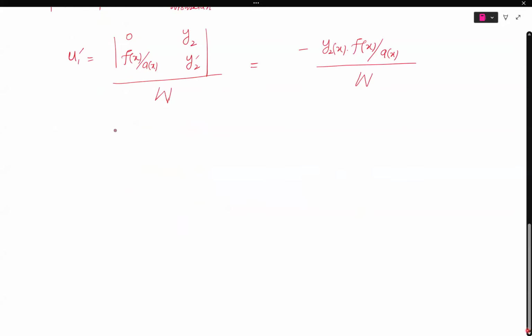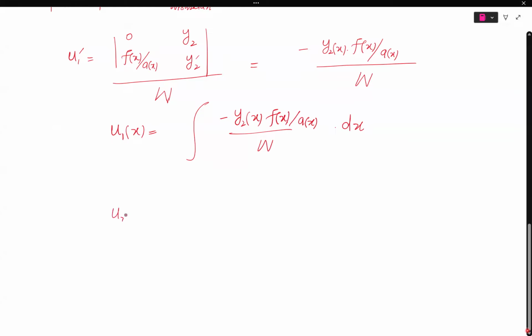And it means u1 of x will be evaluated from the integral of minus y2 of x f of x over a of x W dx. So this integration would yield the evaluation of u1 of x.